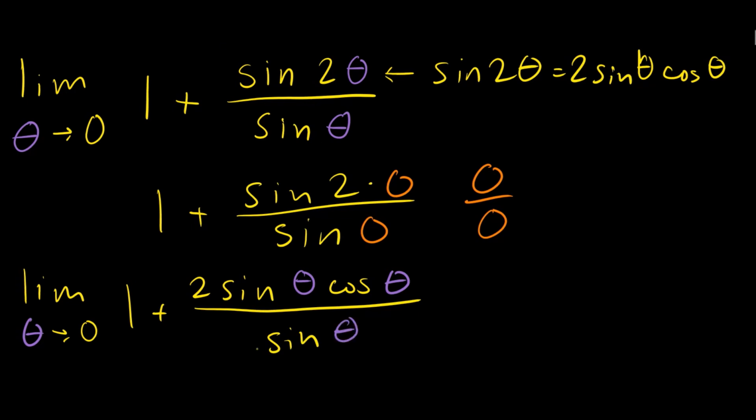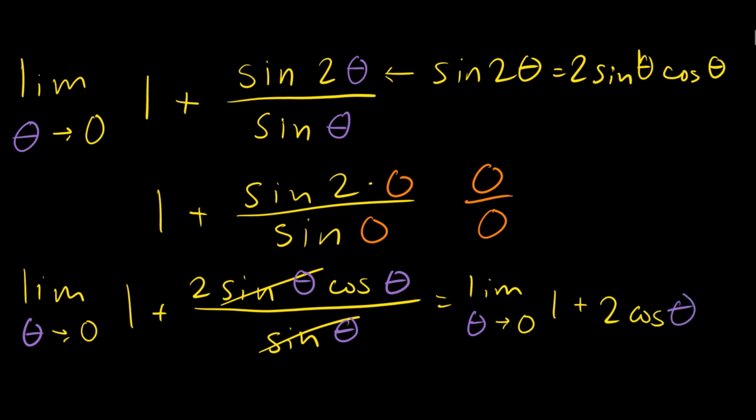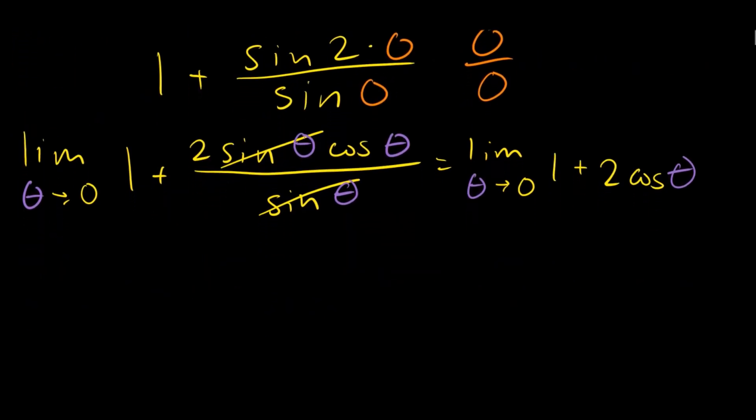Now we can see that the sine of theta on the top and the sine of theta on the bottom cancel out very nicely. So that leaves us with a simple limit as theta approaches 0 of 1 plus 2 times the cosine of theta. Now it's pretty simple to evaluate this limit.